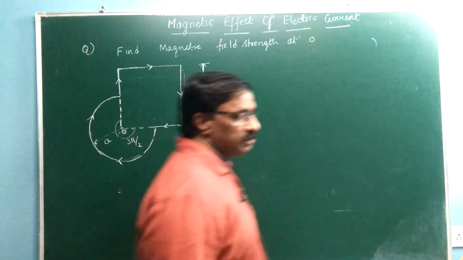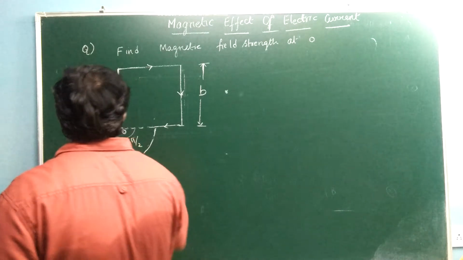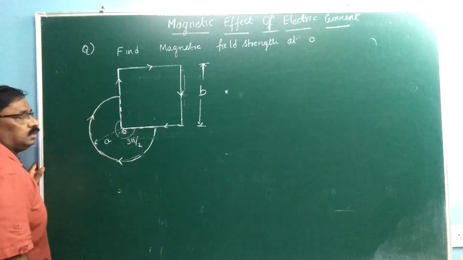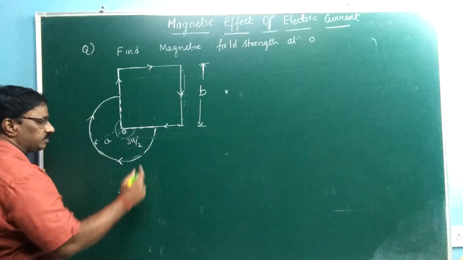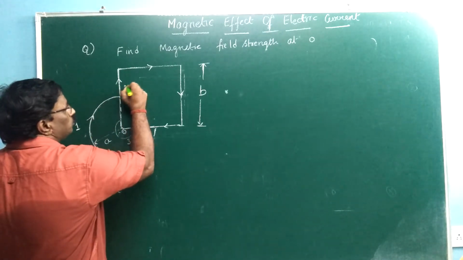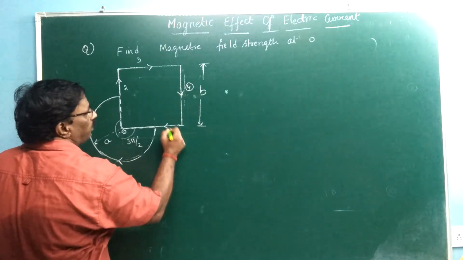Only these two conductors will be effective. This we know how to calculate. First let us calculate because of the circular coil. Call this 1, this 2, this 3, this 4 and this 5.